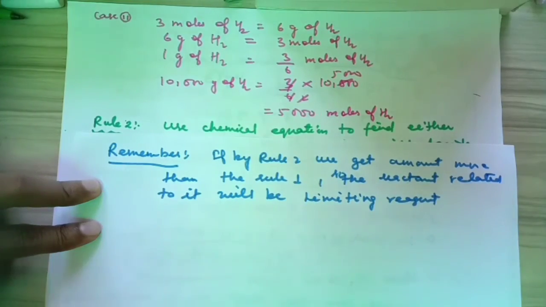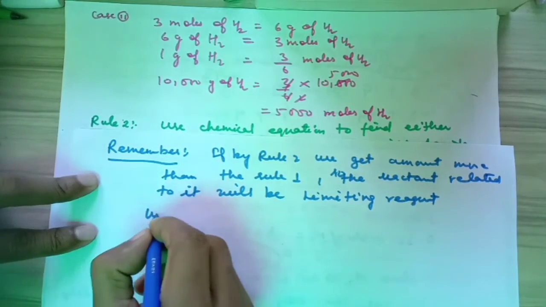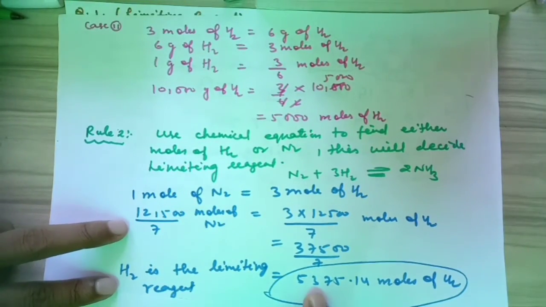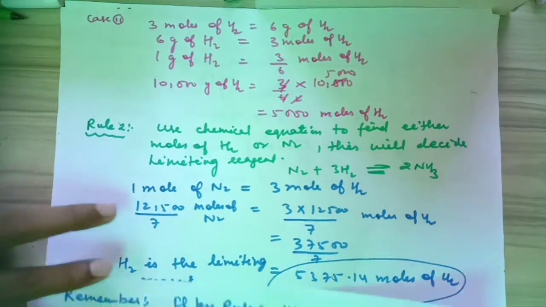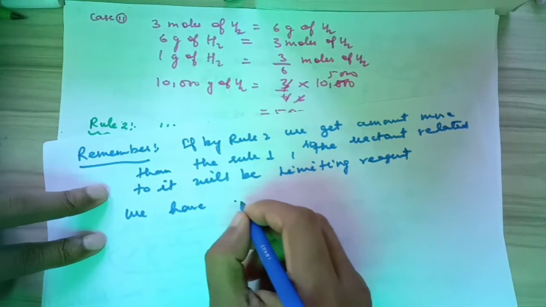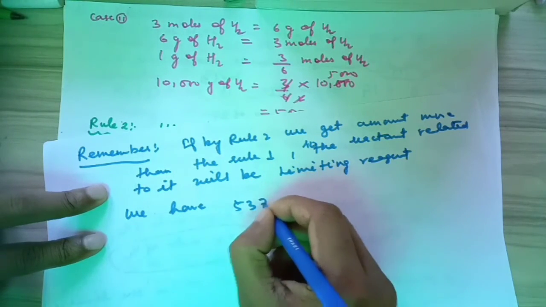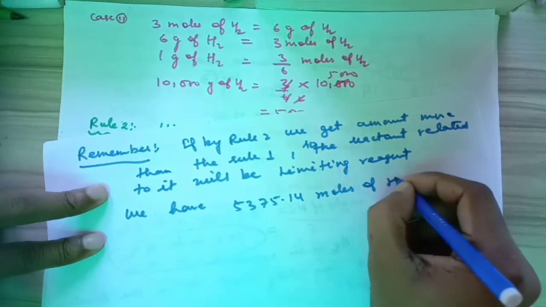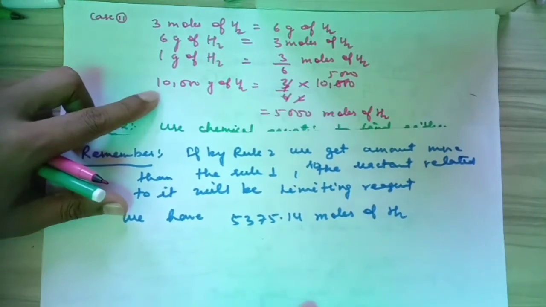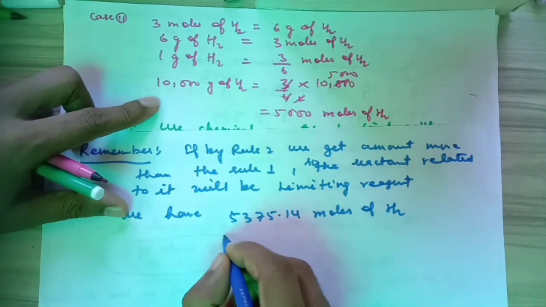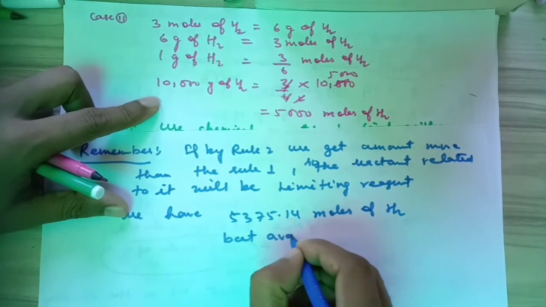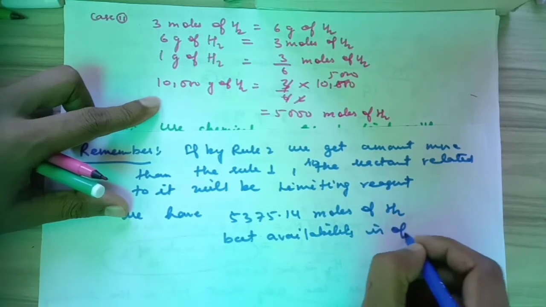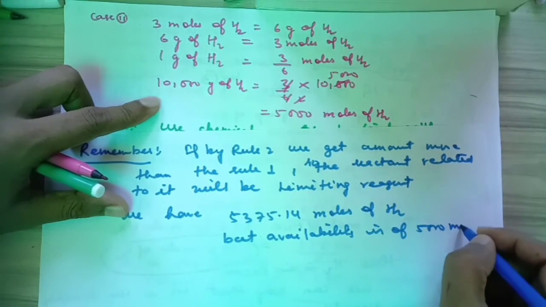Simply we can say that we have 5357.14 moles of H2, but availability is of 5000 moles.